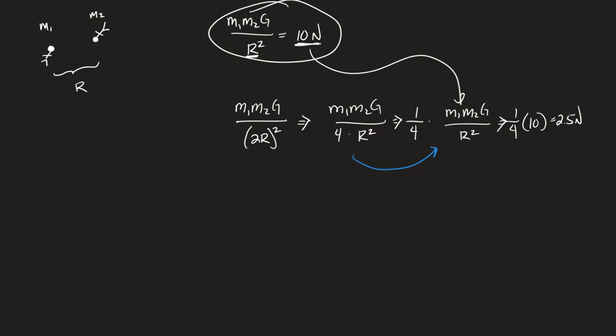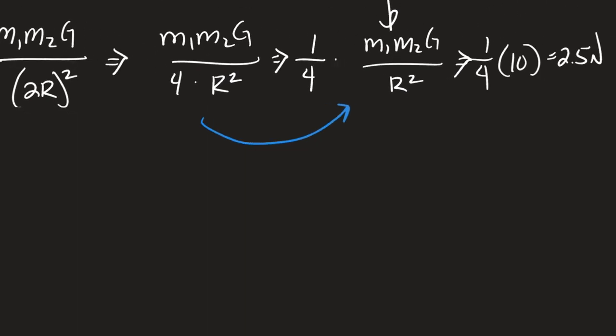All right, so I'm trying to get the number part away from all of these things, right? Start from here: M1, M2G over 4R squared. And the denominator is 4 times R, right? I could write this as 1 times M1, M2G over 4 times R squared.